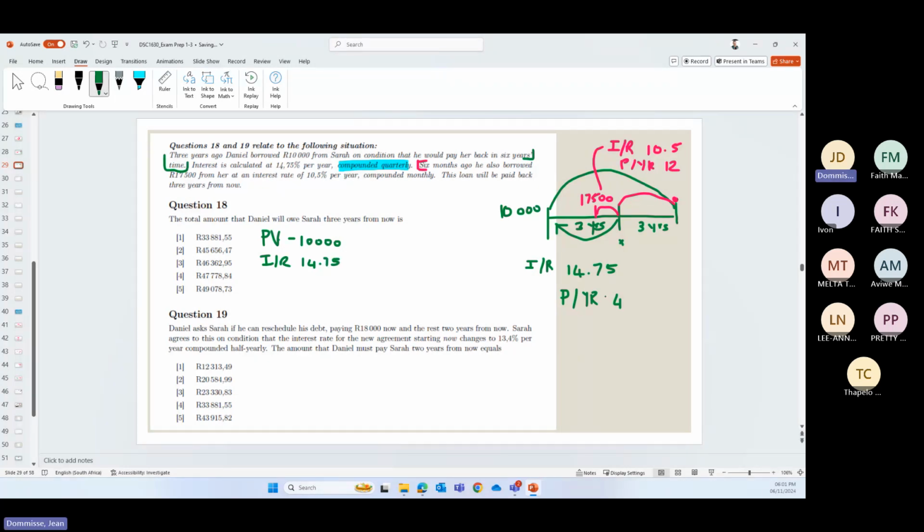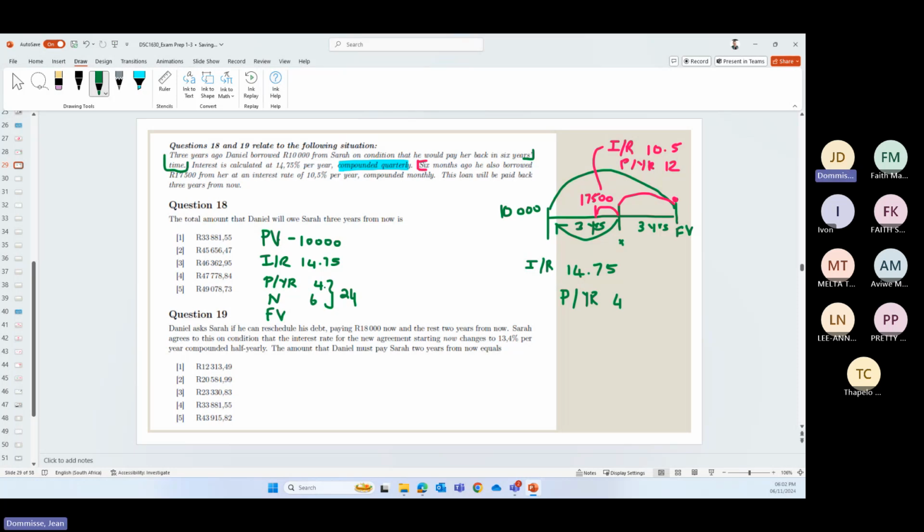We said it is 4 times a year because it is quarterly. It's 3 plus 3 years, so that is 6 years. So that will give us 24 periods. And we will need to work out what that future value is.